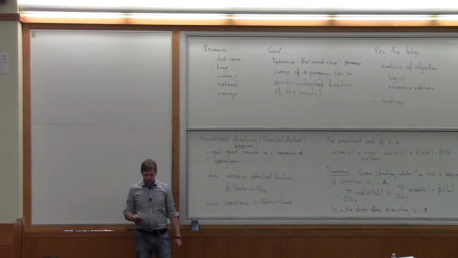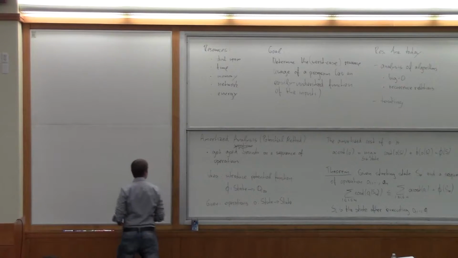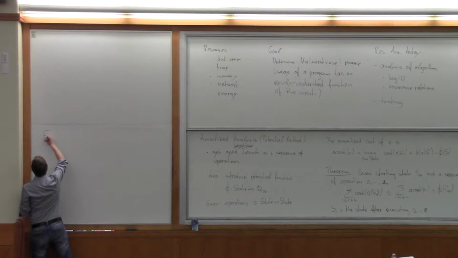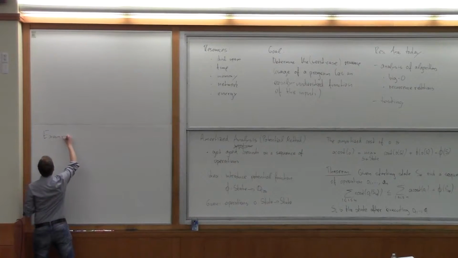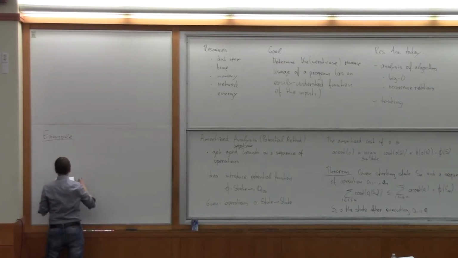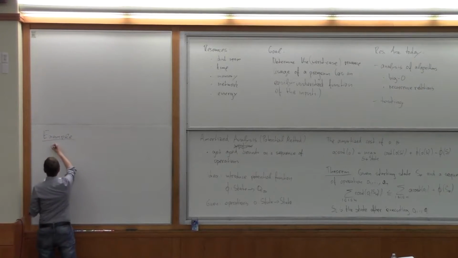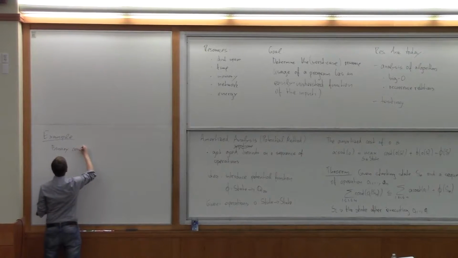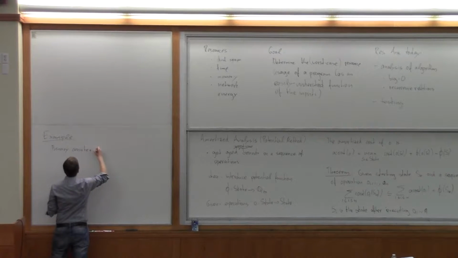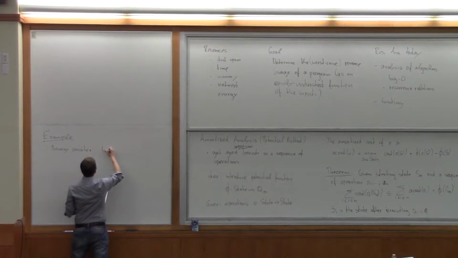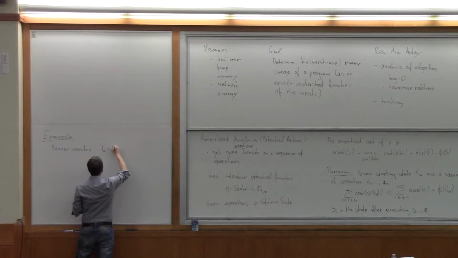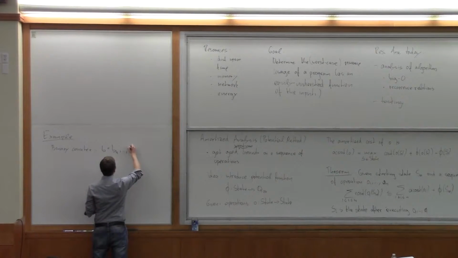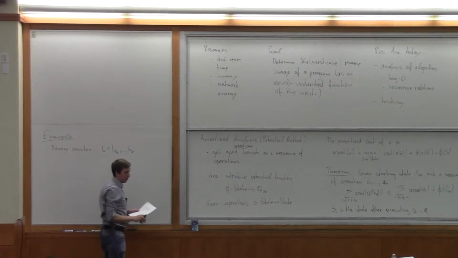Okay. Good, so let's do an example. The example is a binary counter. So this is our state, B, which has a finite number of bits, k.